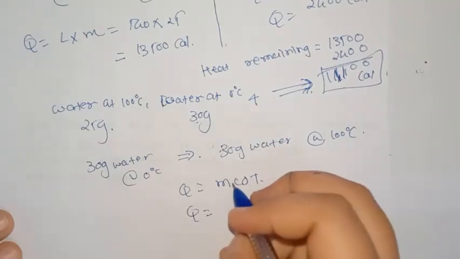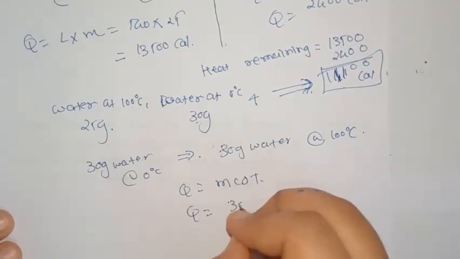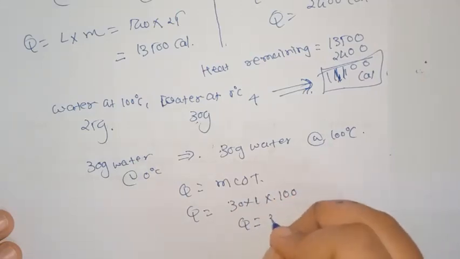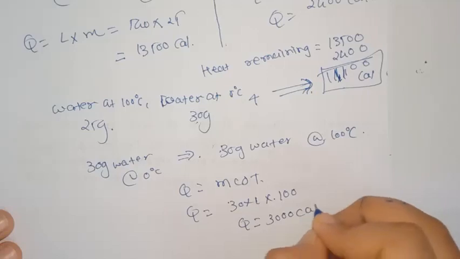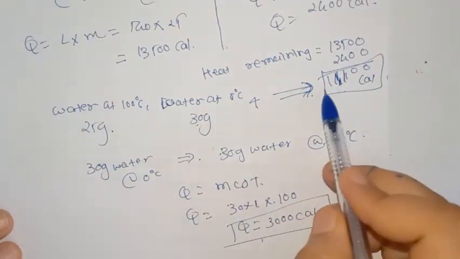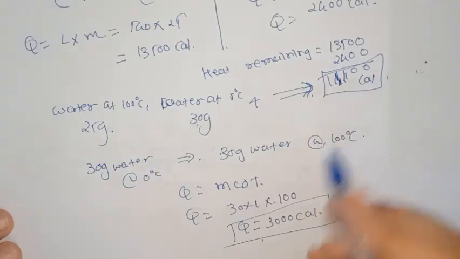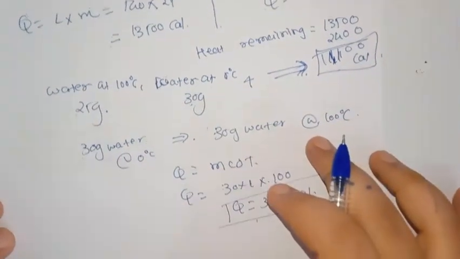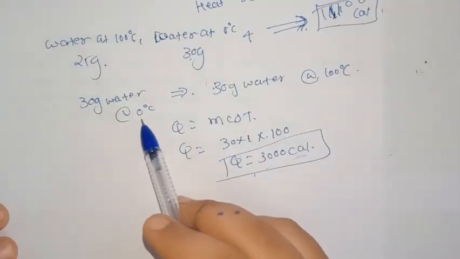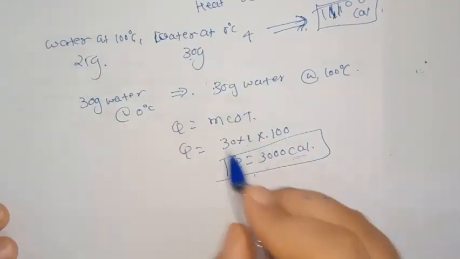So Q will be equal to mass is 30, C is 1, and ΔT will be 100. So Q will be equal to 3000 calorie. So from this 11,100 calorie, this 3000 calorie will be used to change the temperature of 30 gram water from 0 degree to 100 degree.